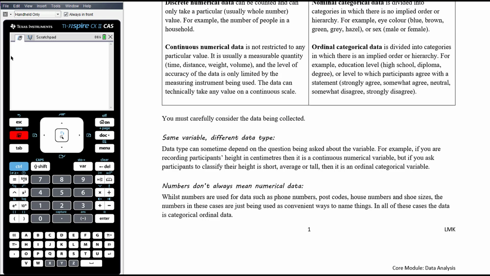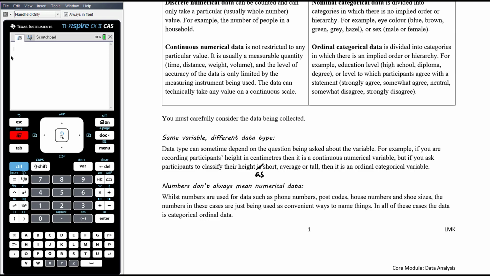But if you were to ask participants to classify their height as short, average, or tall, then that's an ordinal categorical variable. So the variable is still height, but depending on how that data is being recorded, that defines what kind of data type it is.